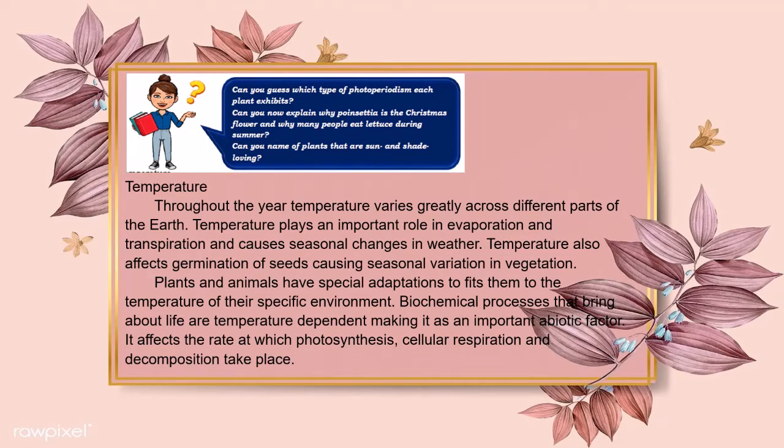Plants and animals have special adaptations to fit them to the temperature of their specific environment. Biochemical processes that bring about life are temperature dependent, making it an important abiotic factor. It affects the rate at which photosynthesis, cellular respiration, and decomposition take place.